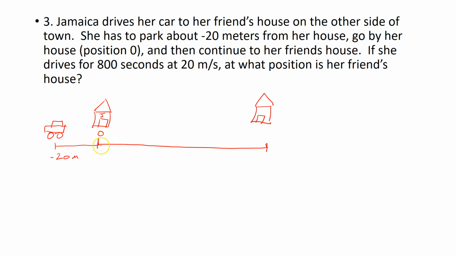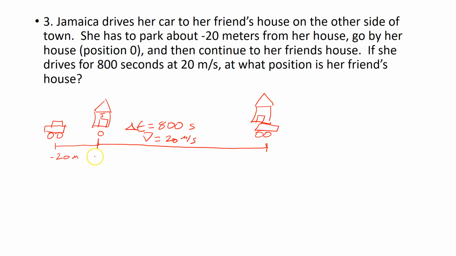And they're going to drive from here all the way over, and so the car will end up at this spot. The change in time here is 800 seconds, and she's traveling at 20 meters per second, so her velocity is 20 meters per second.